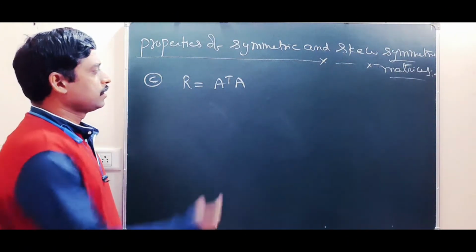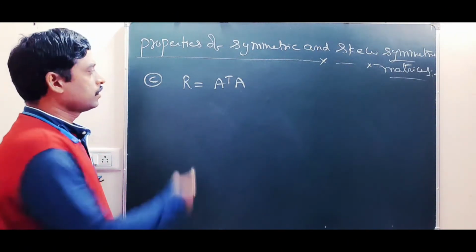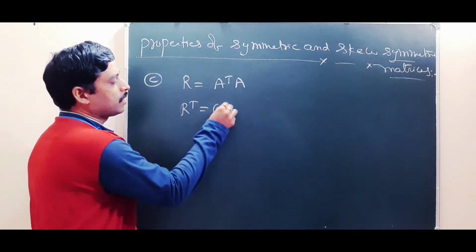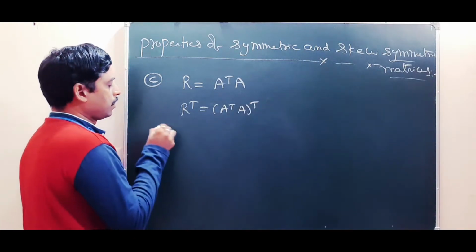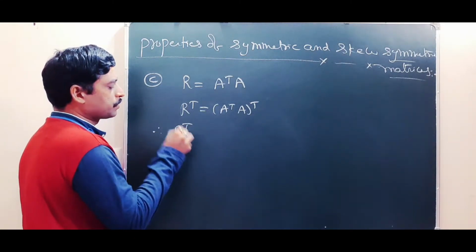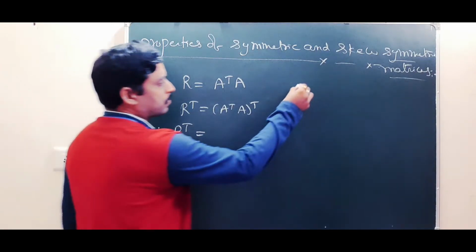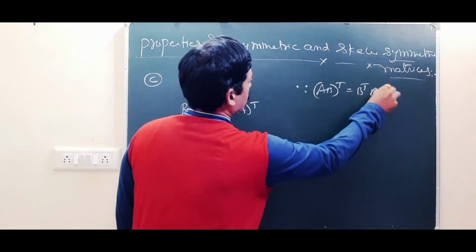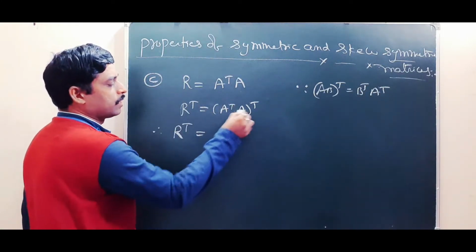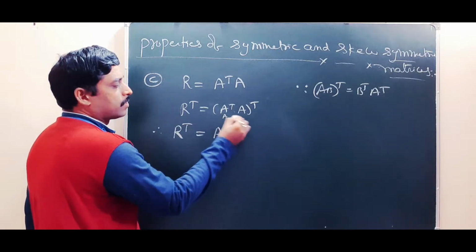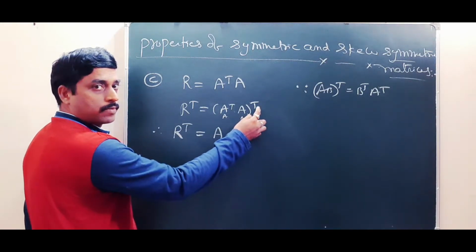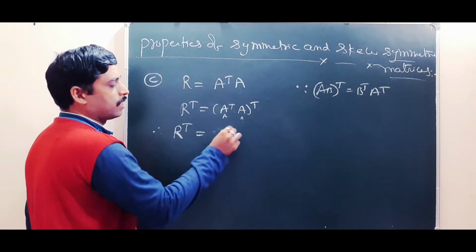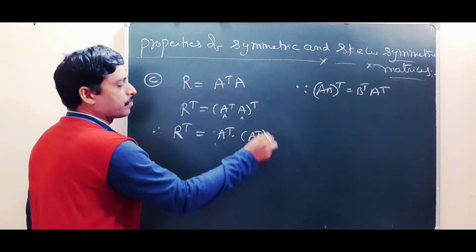Okay, now explain A transpose into A. Let us take R. Taking transpose on both sides, R transpose is equal to (A transpose A) whole transpose. We apply the same formula, (AB) whole transpose equal to B transpose into A transpose, where B is replaced by A and A by A transpose.